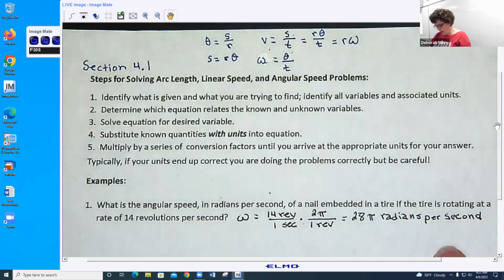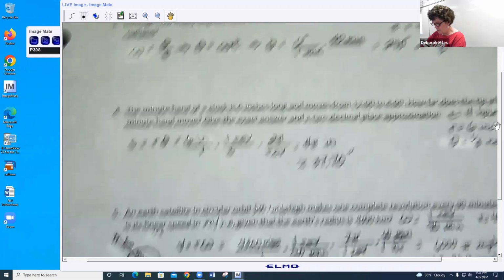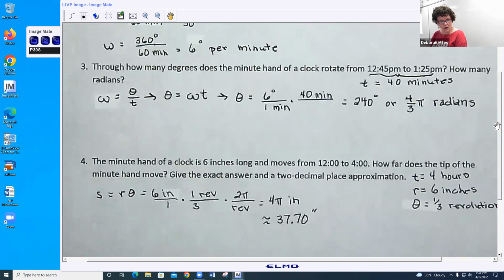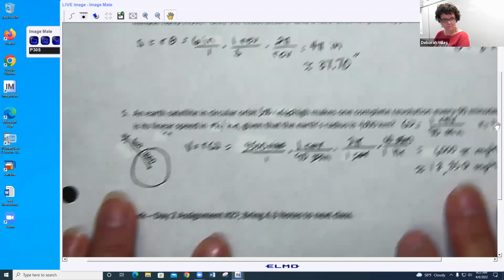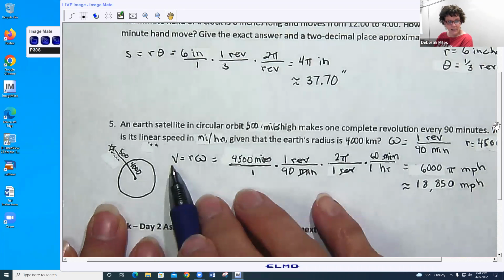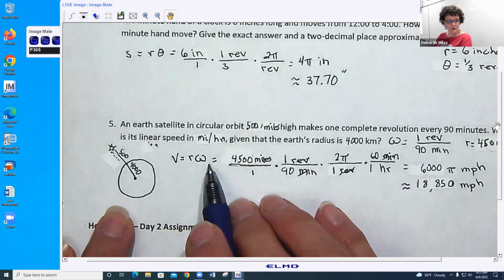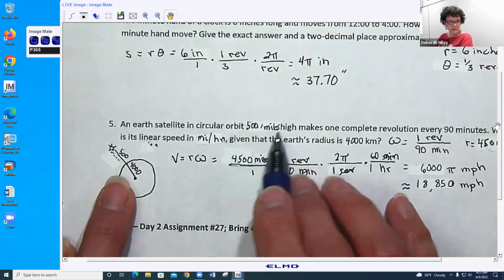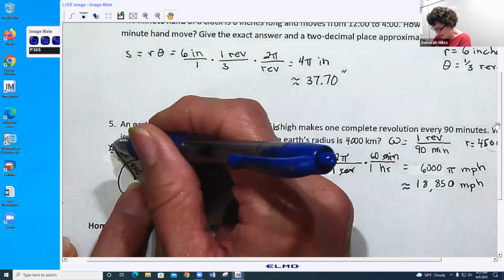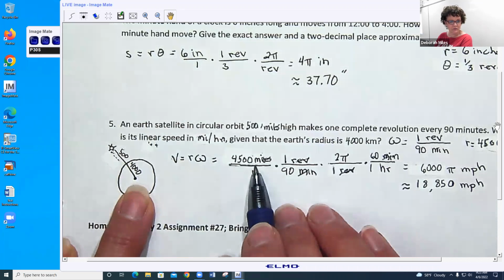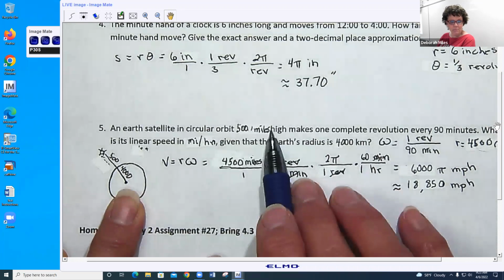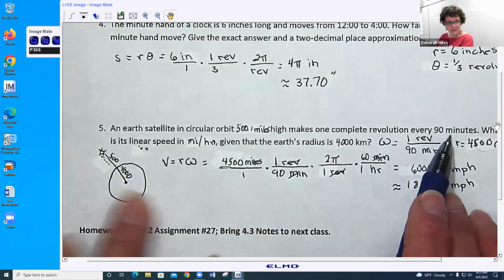And then the problem that asks for linear velocity is a lot like this number 5. The linear velocity is the radius times the angular velocity. You have to be given a radius. The radius, the distance from the center of the Earth to the satellite was 4,500 miles. And the satellite makes 1 revolution every 90 minutes.